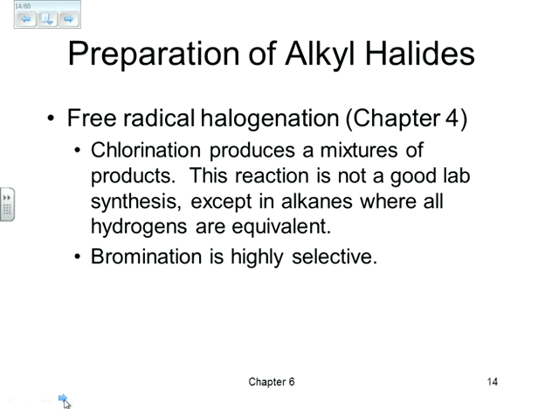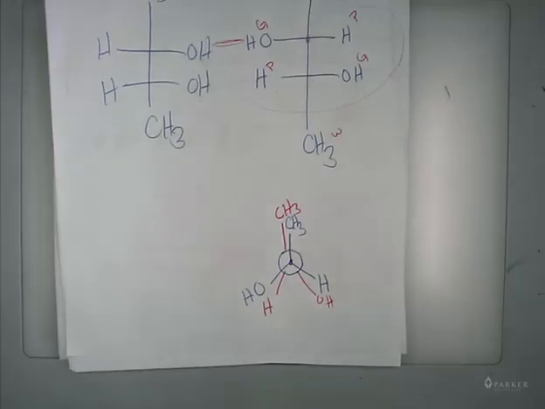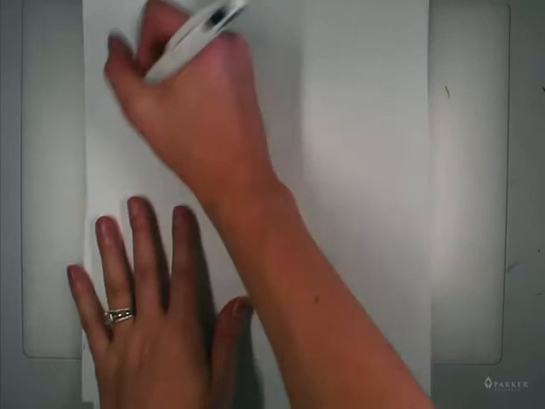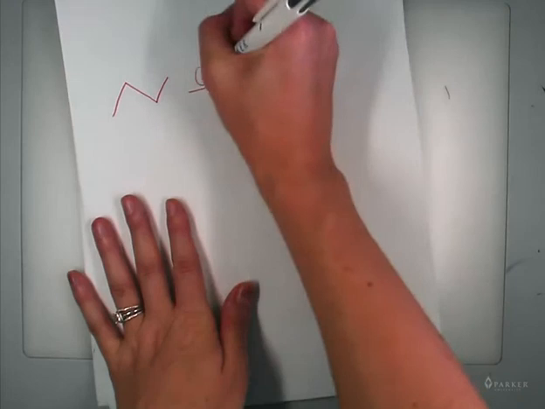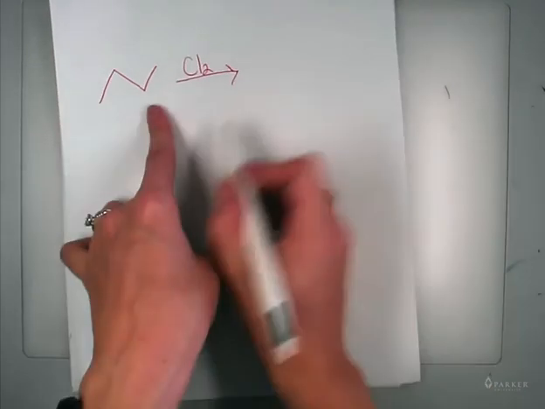Preparations, we've already done these, so I'm going to skip over this section. But how you prepare alkyl halides is you do a radical reaction. Do you remember when we would have something like this and react it with Cl2?